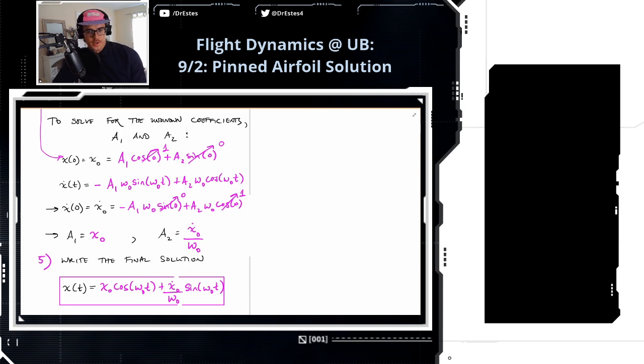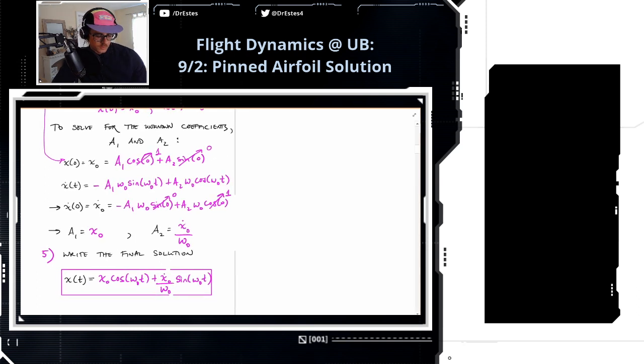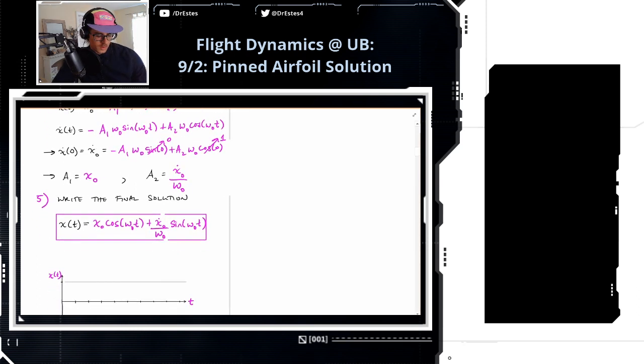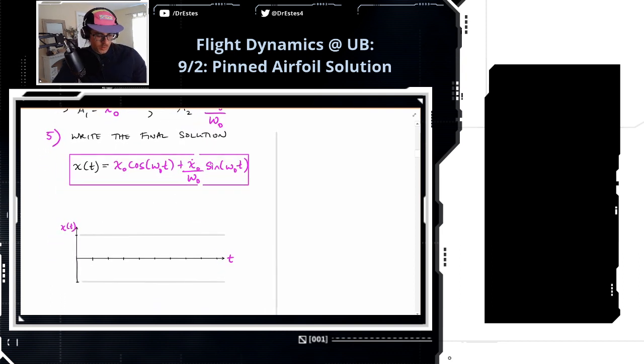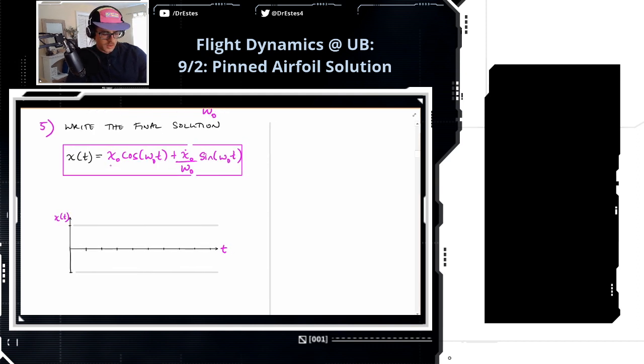So it's good to just refresh us on those steps. So why don't we look at the case where, I don't know, we have like 0 initial velocity and some initial angle displacement. So the point is, I don't know, I'm just gonna make up some frequency as well.